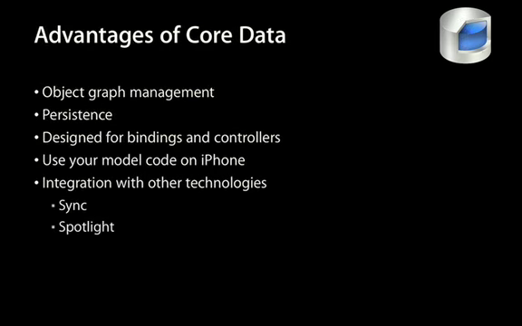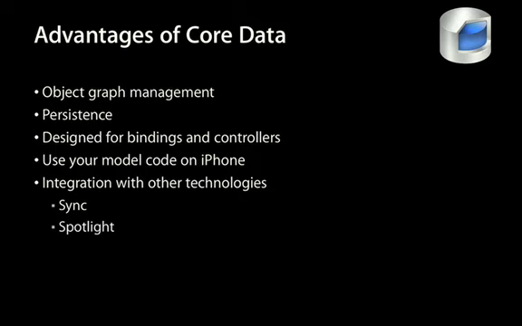If you can use Core Data, it brings a lot of advantages. Core Data has really great object graph management. In fact, I'm going to talk about that a little bit more in a moment. It also has automatic support for data persistence in a number of different file formats, including SQLite and XML.